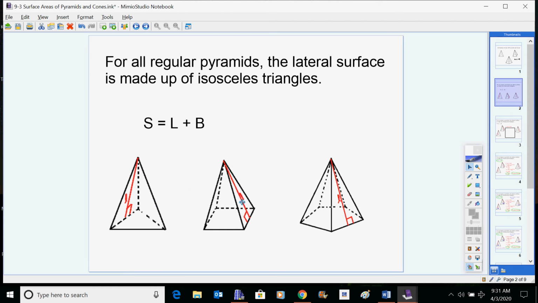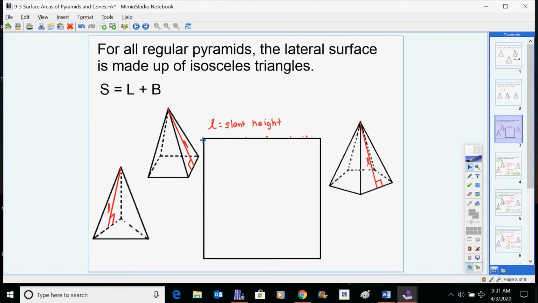Notice I have this line drawn in each one of them. It's not really an edge. It goes right along one of the faces, but it comes down and makes a right angle. So it's coming down through the middle of one of the sides of the pyramid. It could have been drawn on the front part or the other side; I just drew them where it made sense so you could see them best.